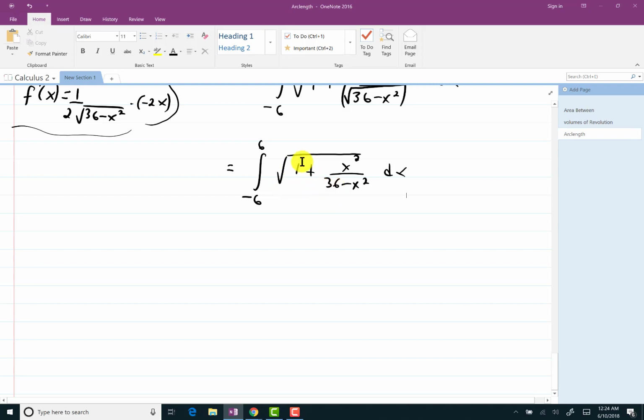So I'm going to write this 1 as being 36 minus x squared over 36 minus x squared.